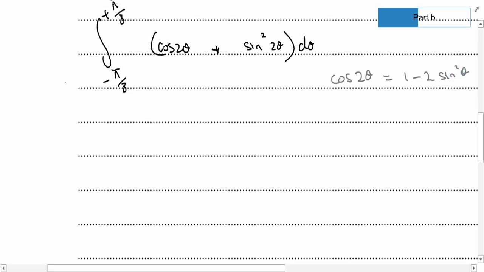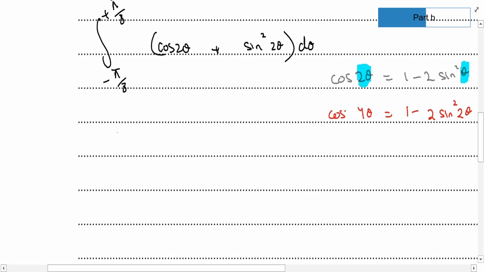So this theta is half of this theta. So if this is 2 theta, then this should be 4 theta. So cos 4 theta equals 1 minus 2 sine square 2 theta.